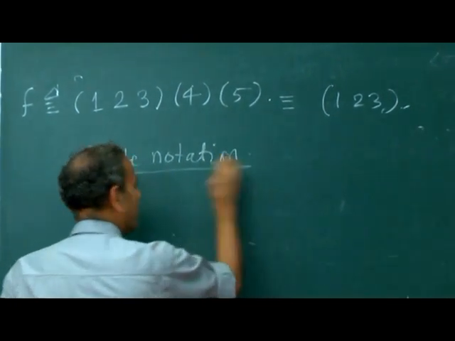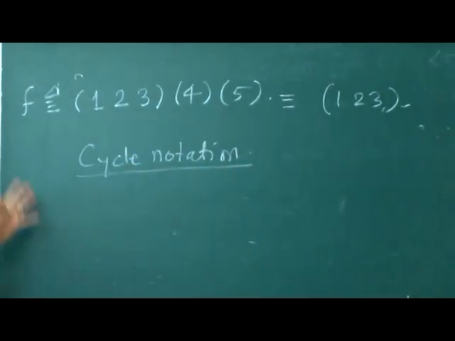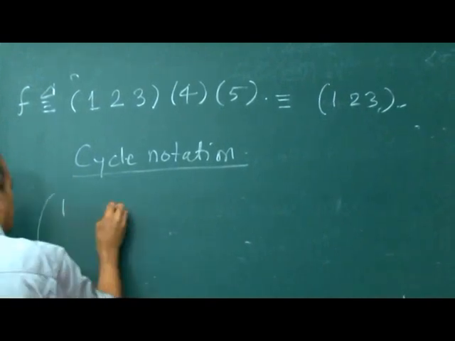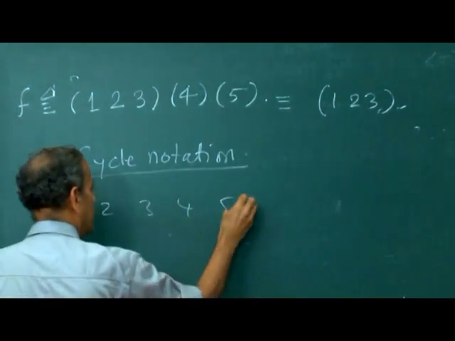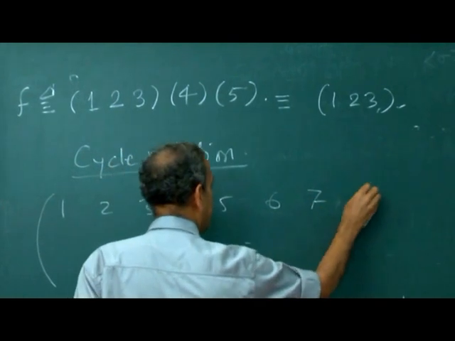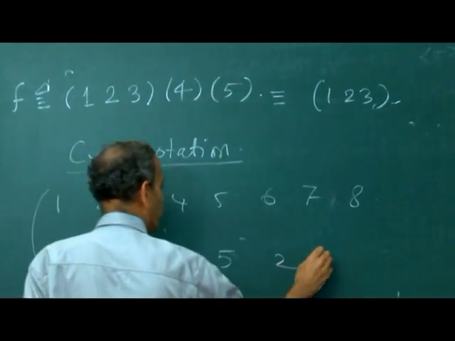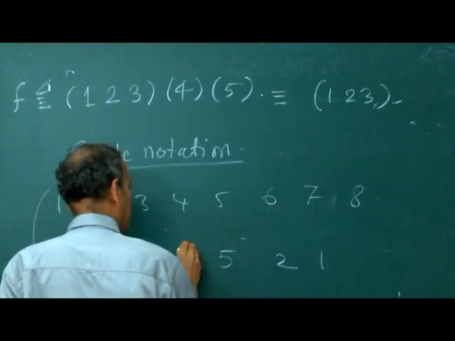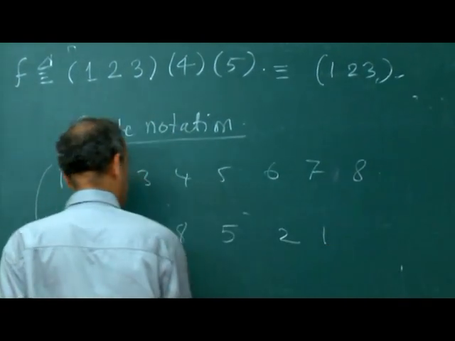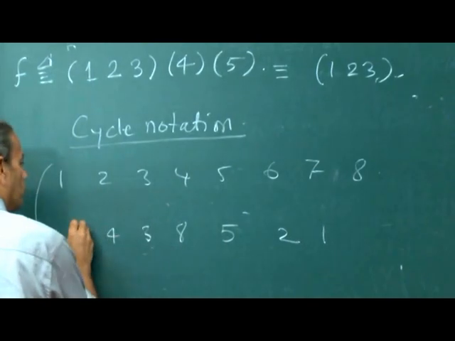So let me take one example, a function on 1, 2, 3, 4, 5, 6, 7, 8. Let me fix 5 and 3, 2, 1, 8, 1, 2, 3, 4, 6.